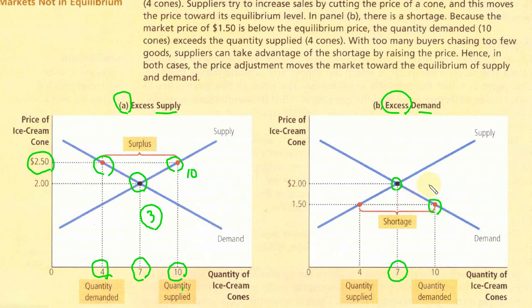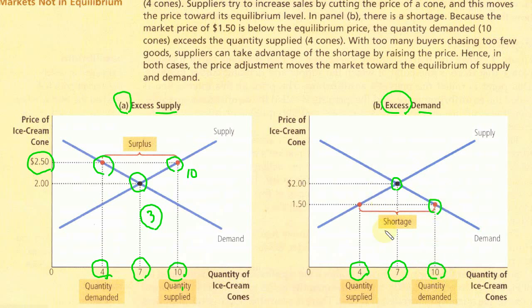Okay, but as the supplier has a shortage, here you can see, they have reduced their supply down to 4, and contrary to that, demand increased up to 10.